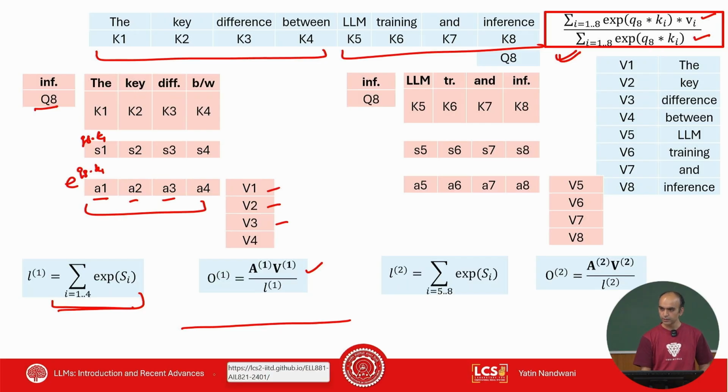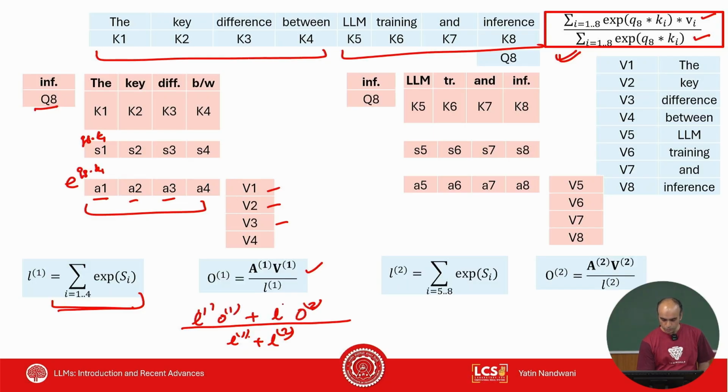So using these four numbers, what should the denominator be? L1 plus L2, right? What would be the numerator? O1 L1 plus O2 L2. Cool, right?